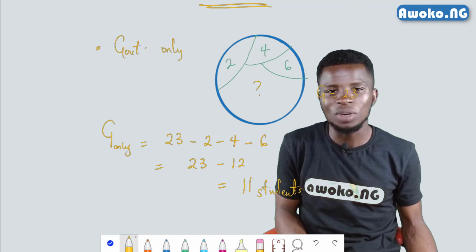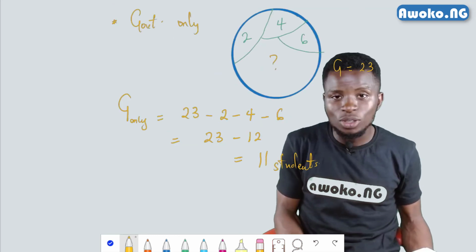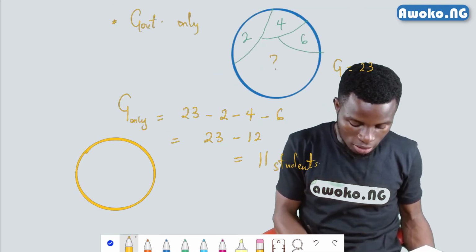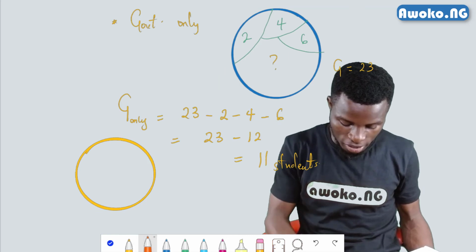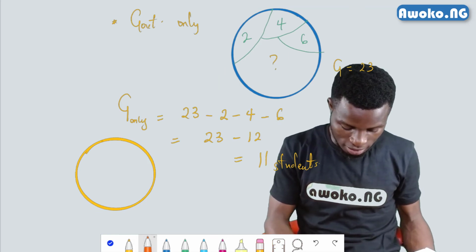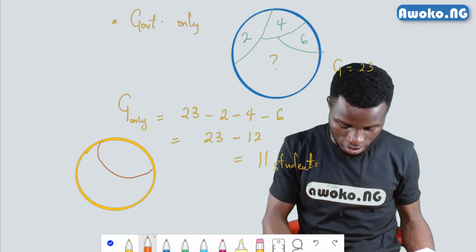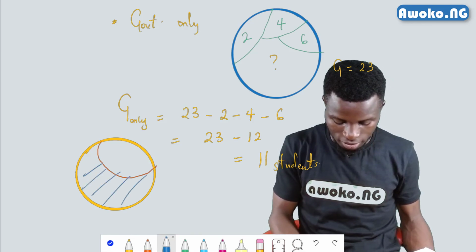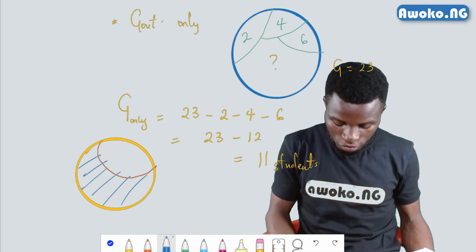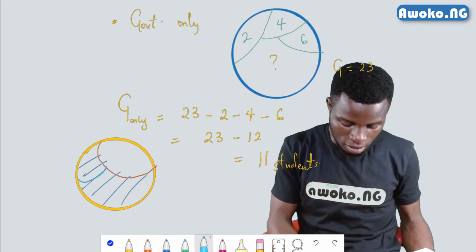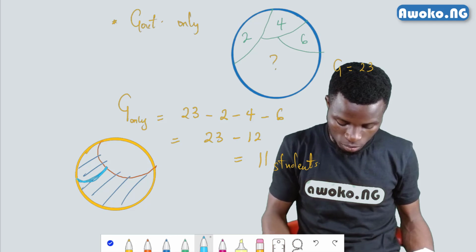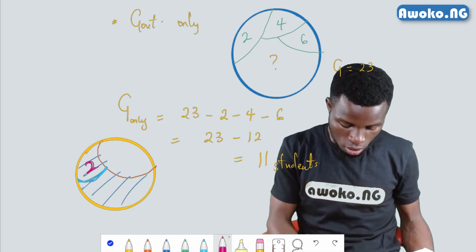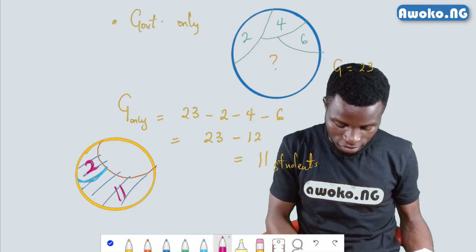But this is not what we are asked to find. What we are asked to find is actually this area over here. Is that okay? And of course, you know that this has both 2 as well as 11.